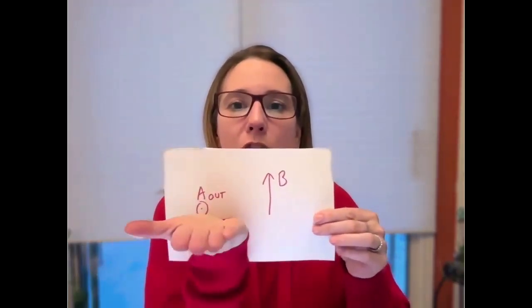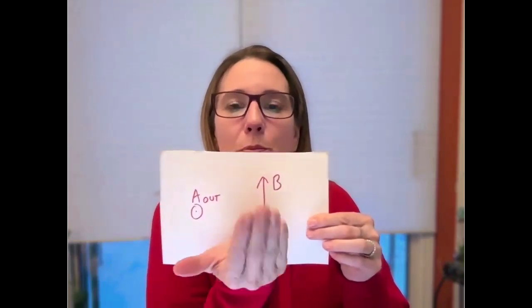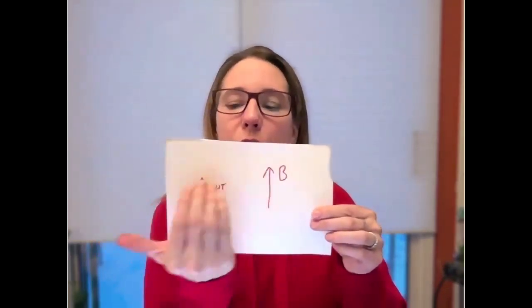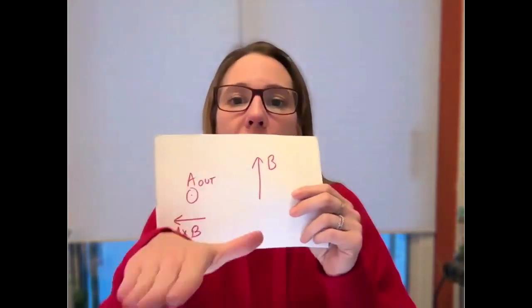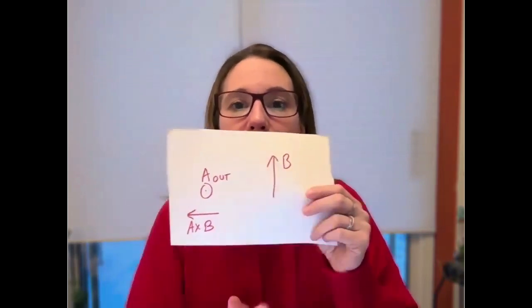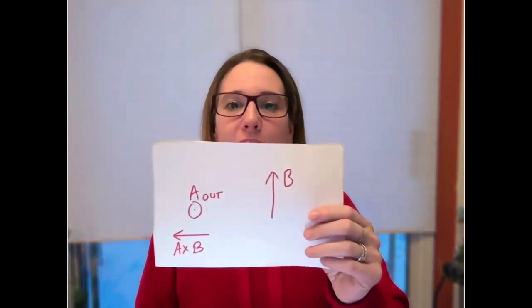So I can go out of the page, cross up. So B is up. My thumb is then over towards my right. So A cross B points along the direction of my thumb there.